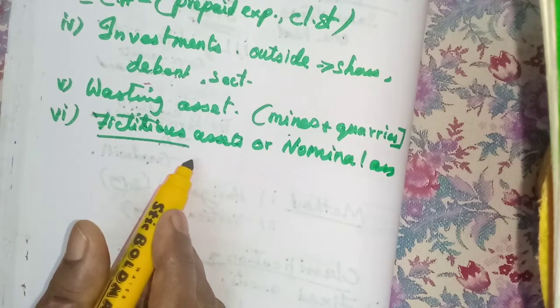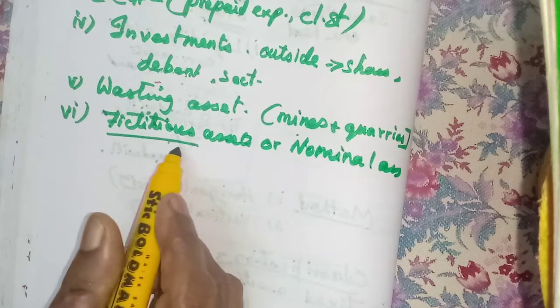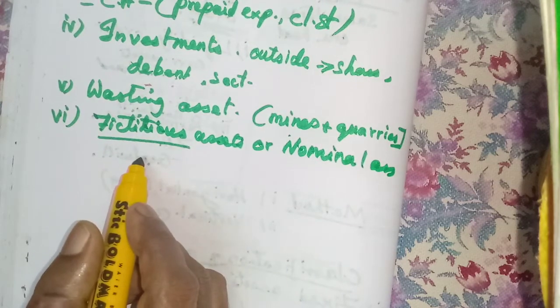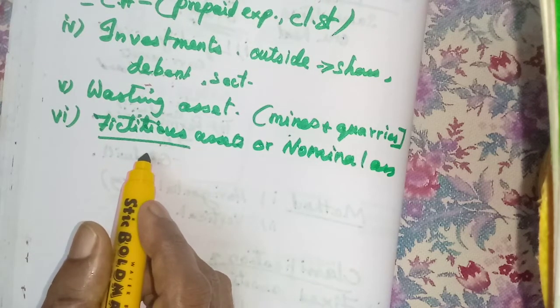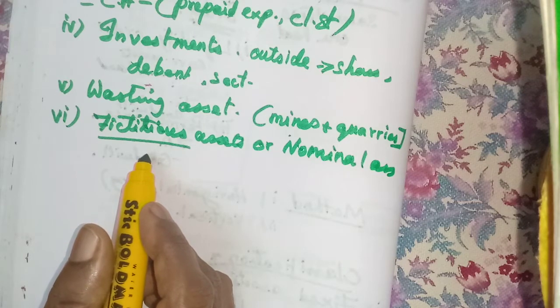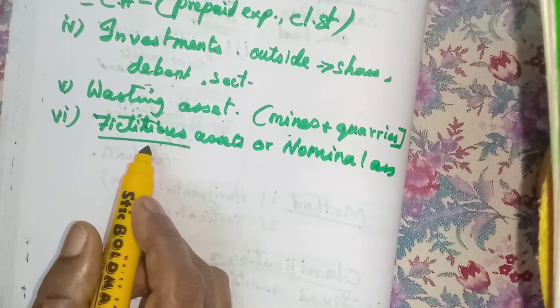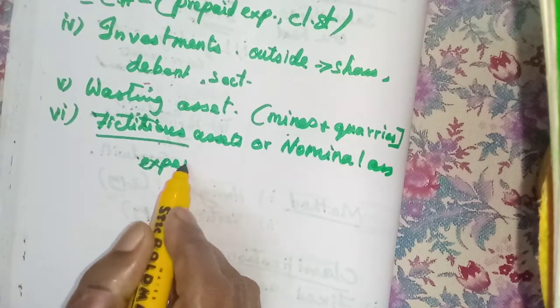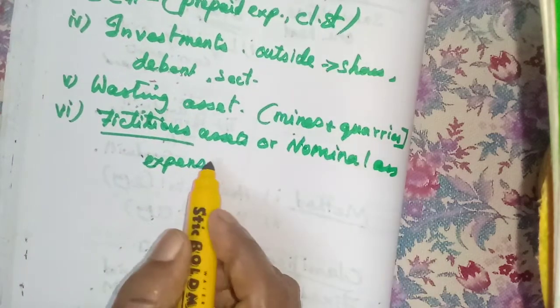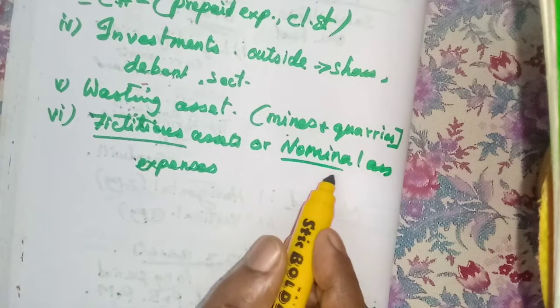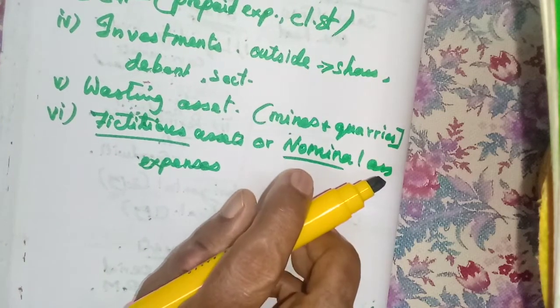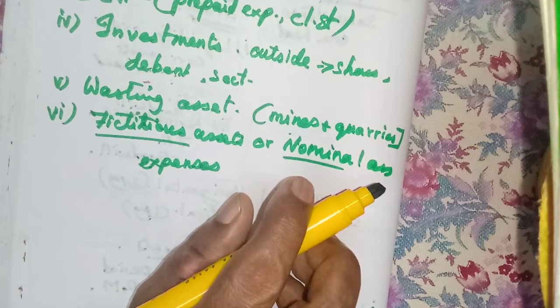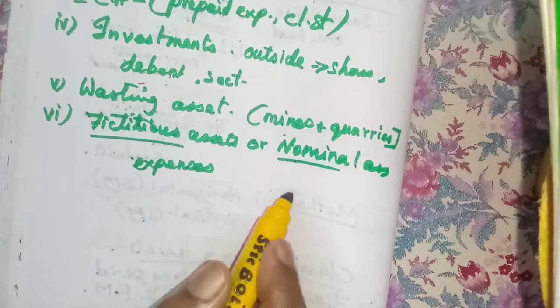It is not at all an asset, but still we show this in the balance sheet under the heading assets, because it is a kind of expense. That is a nominal asset, we say. In a nominal account, we debit all expenses and losses, and income and gains are credited, isn't it?